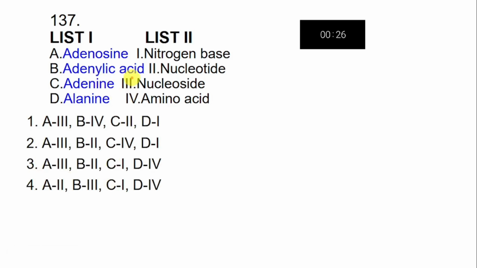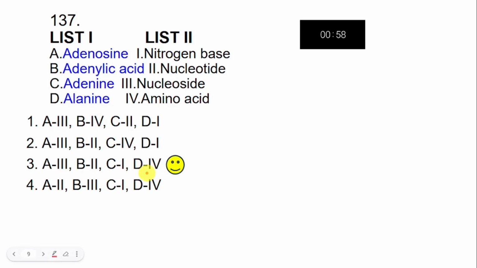Next, adenylic acid is the complete structure, ATP will be called adenylic acid. So it will be nucleotide. Nucleoside plus phosphate is nucleotide. B is 2. So A3 B2 is in options 2 and 3. Now C will be either 4 or 1. Adenine is the nitrogenous base, so it cannot be 4. It is definitely 1. And D, alanine, is an amino acid. So option 3 is the right answer.